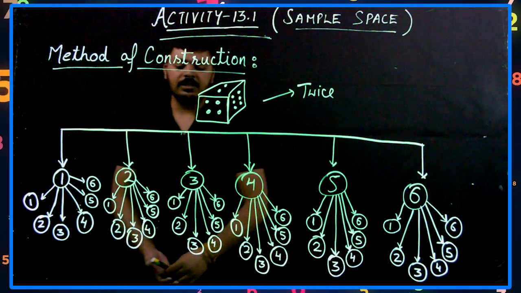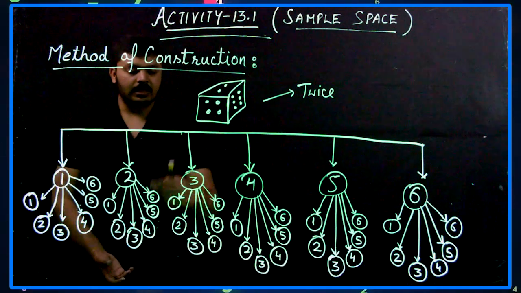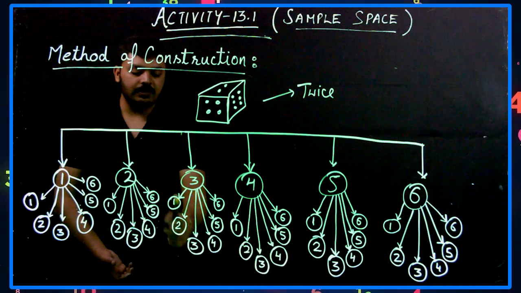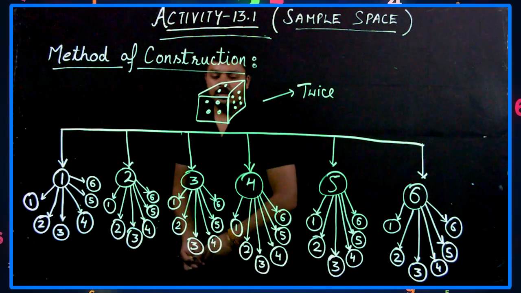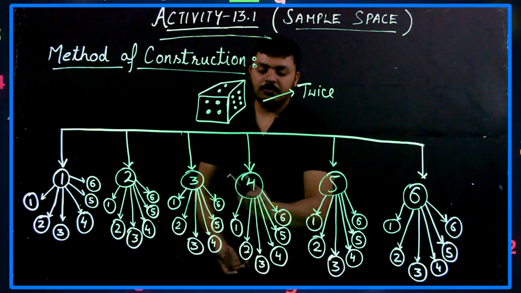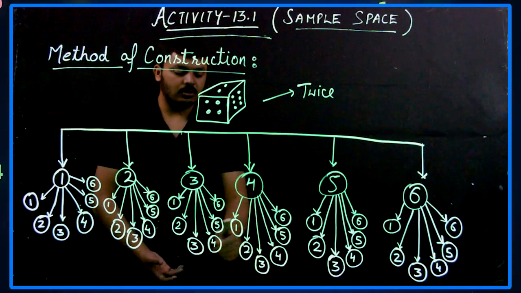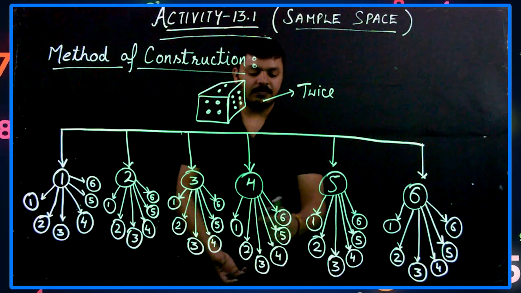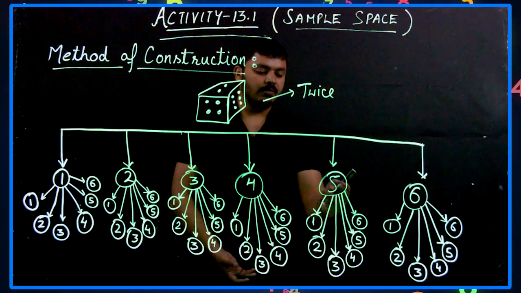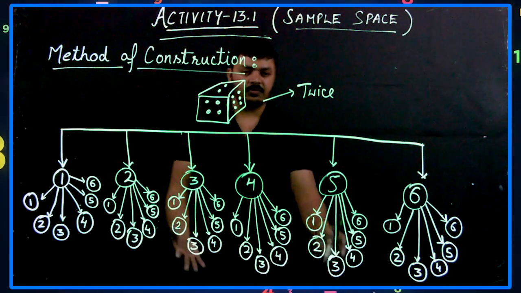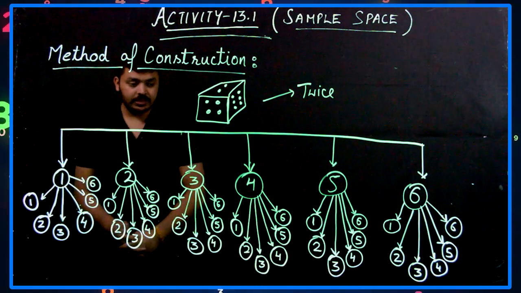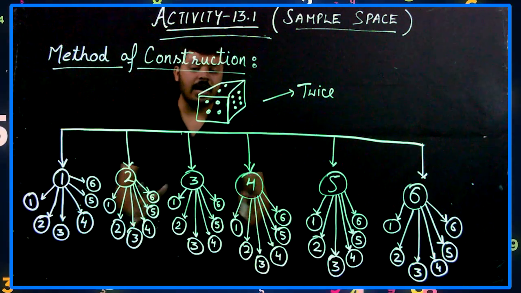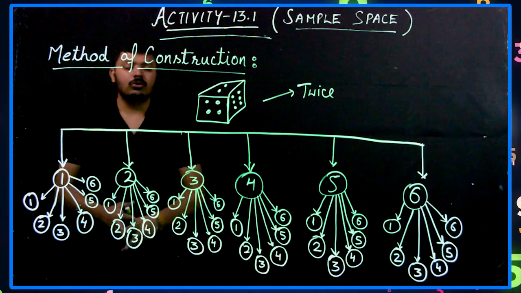Again, when the first throw gives us 3, then the second throw can give us 1, 2, 3, 4, 5 or 6. Again, when in the first throw we get a 4, then in the next throw we can get 1, 2, 3, 4, 5 or 6. Similarly for 5 and 6. In this way there are 36 ways in which a die can fall when we throw it twice.